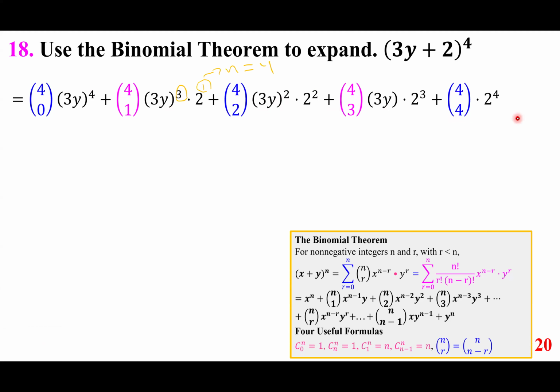Now, it's important to calculate those in the following manner. First of all, 4 choose 0 and 4 choose 4, both of them are 1. We should know that. These two are the same, 4 choose 1 and 4 choose 3, and 4 choose 1 is 4.